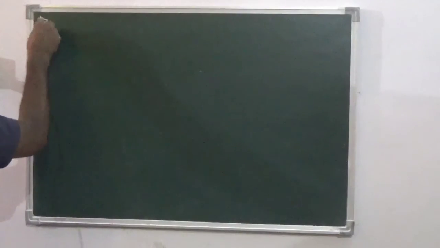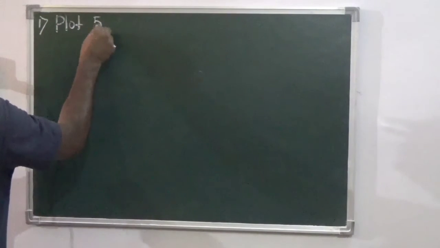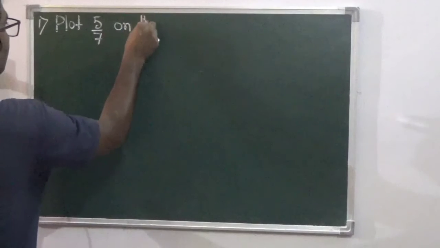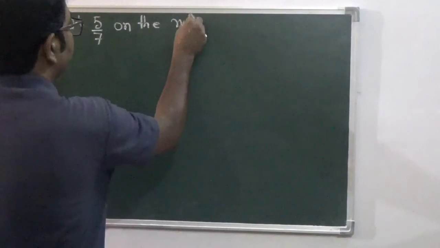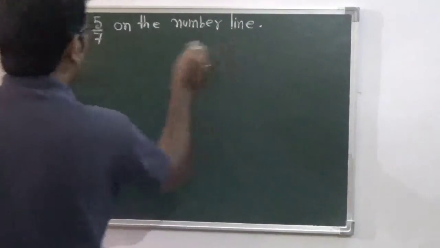Question number 1. Plot 5 by 7 on the number line. Question number 2.